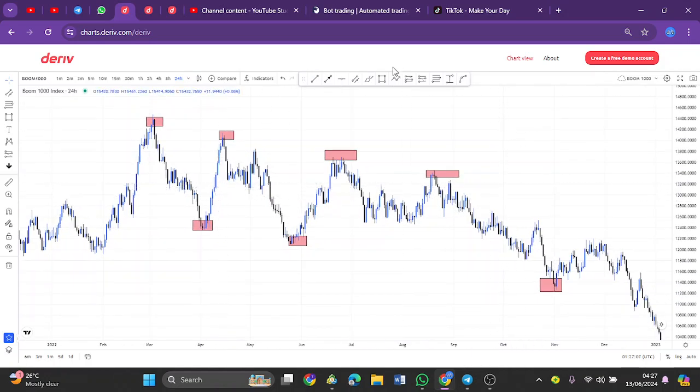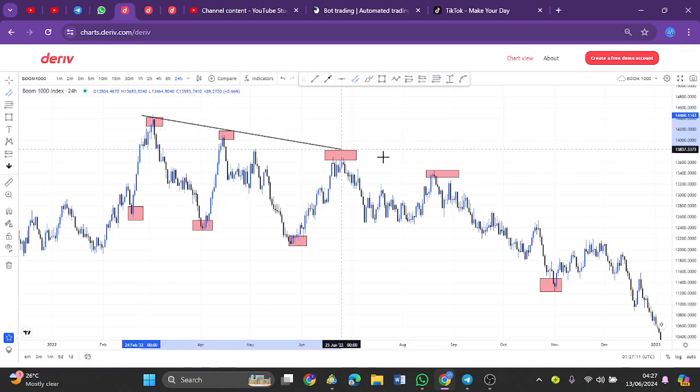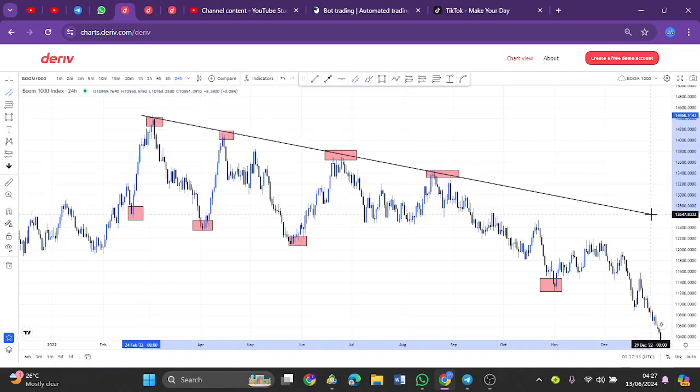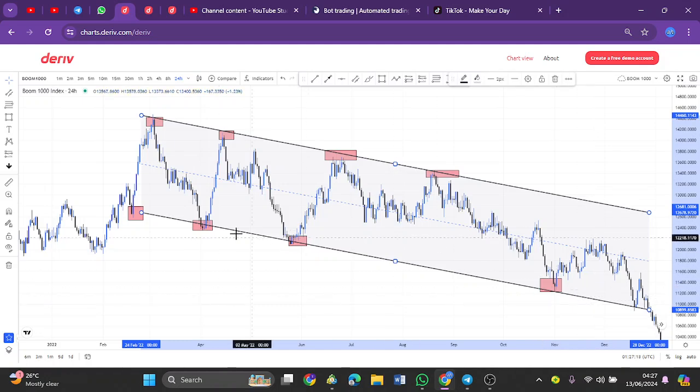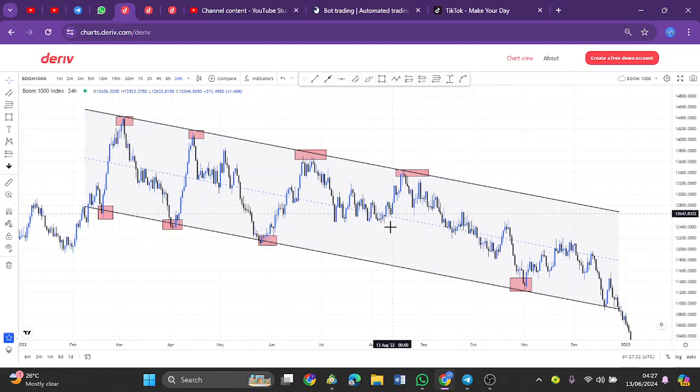Next, you draw your channel. And once you use this parallel channel, once you connect at least two and drop it down, it will automatically give you the rest. So it's easy for you to know which is the next valid zone. Yeah, and you can see the market pushed.